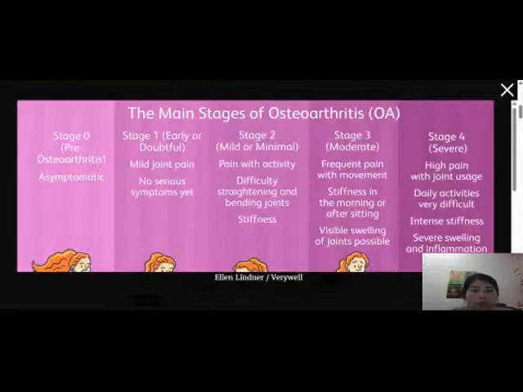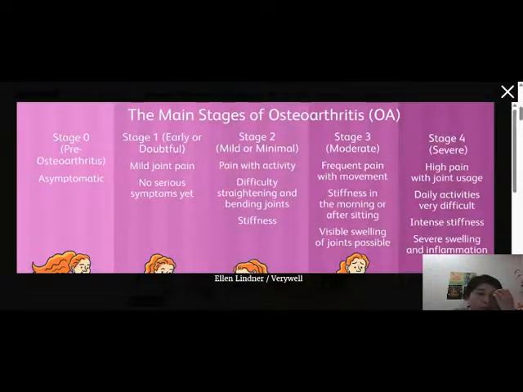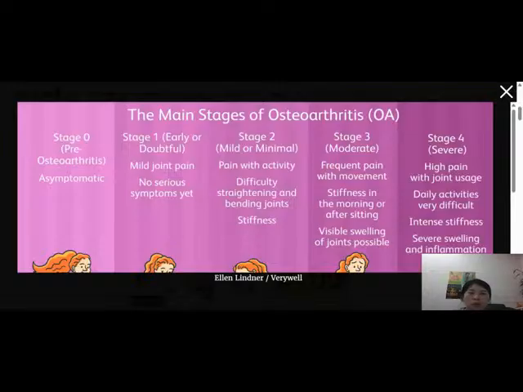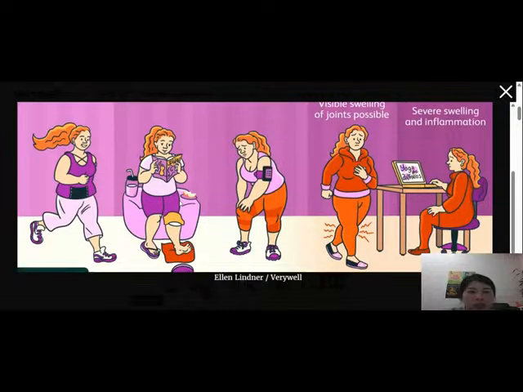As you can see, there are four stages of knee osteoarthritis. Stage one is usually the early bone spur formation, and there's no obvious pain, so you can still walk and still do exercise.